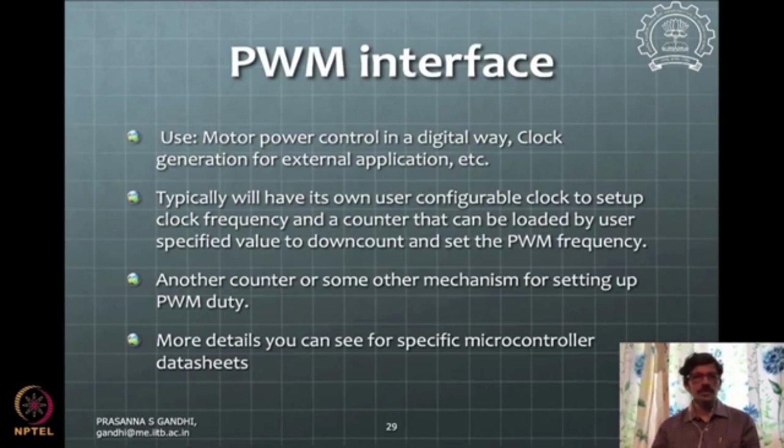Why this interface is used for driving actuators, we will see that. How this interface works is basically it uses a clock signal of a microcontroller and divides that, or uses that to generate some kind of pulses. Now let's first understand what is this pulse width modulation.